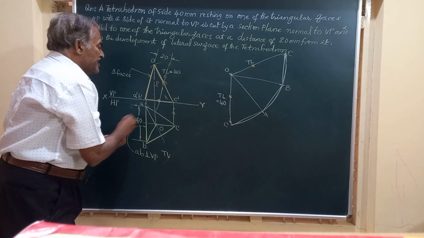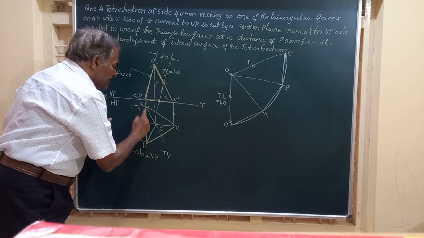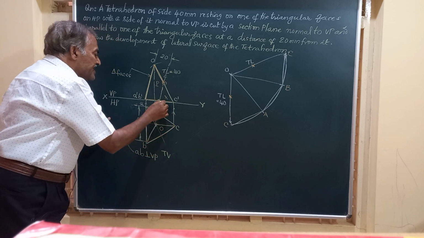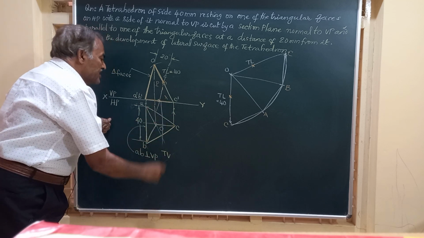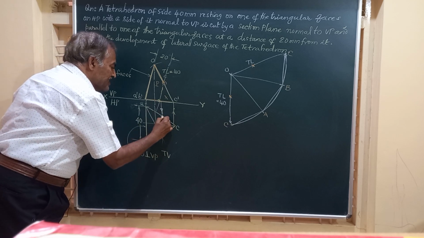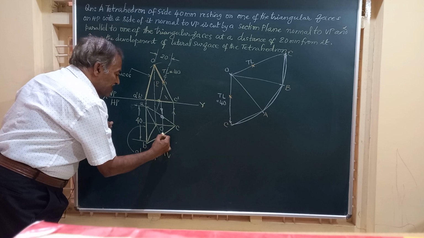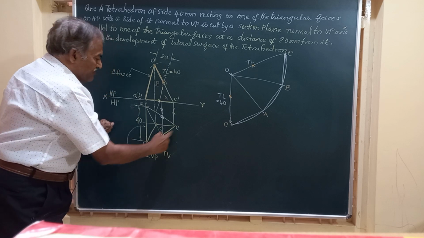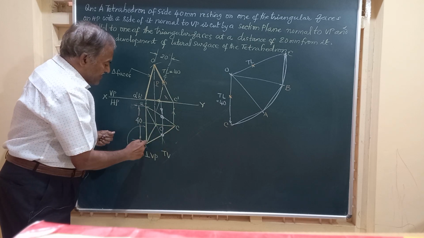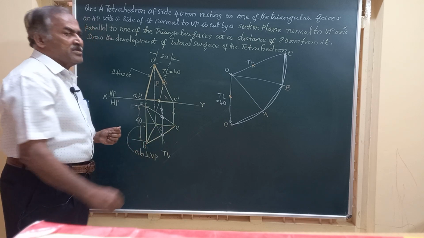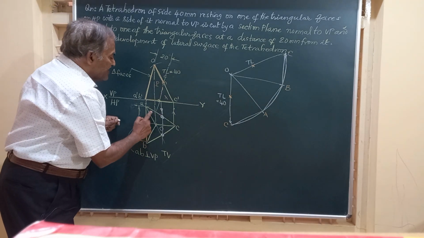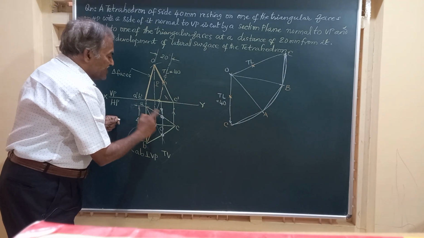Base is cut here. Base is A, B, C. So to know exactly where it is cutting, I am going to draw a vertical line downward through that point. It is cutting AC here and also it is cutting this BC at this point. You know friends, AC, BC and AB, they are all true lengths. Now friends, we have to mark this point on AC.